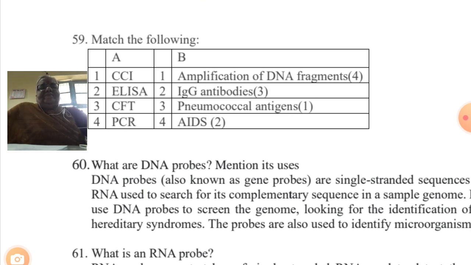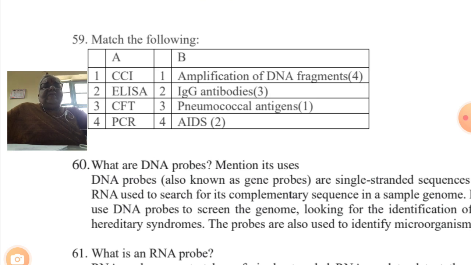correct answer. For example, CCI, countercurrent immunoelectrophoresis, is the immunoelectrophoresis technique. You know that it is for pneumococcal antigens. So in the bracket we have given the answer as 1, right? Then ELISA, you know that it is used for diagnosis of AIDS.